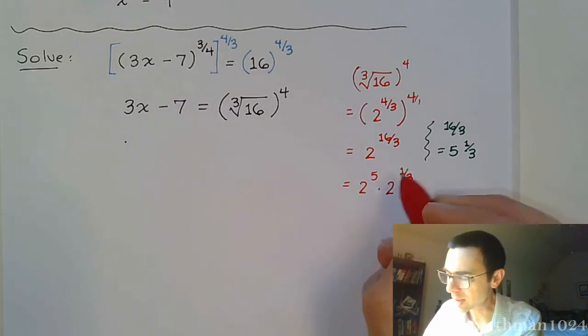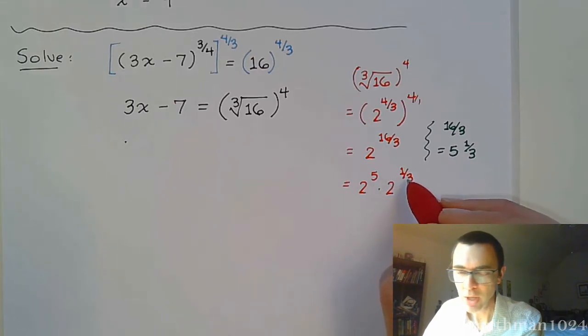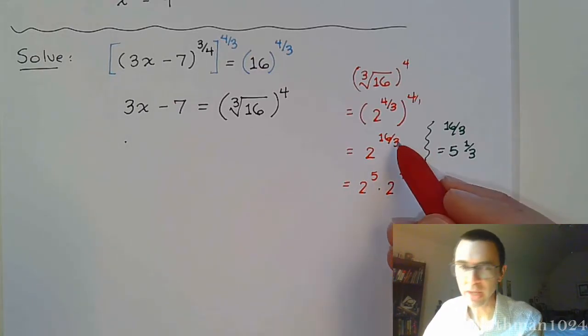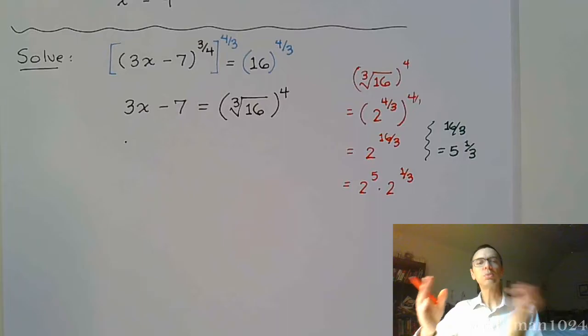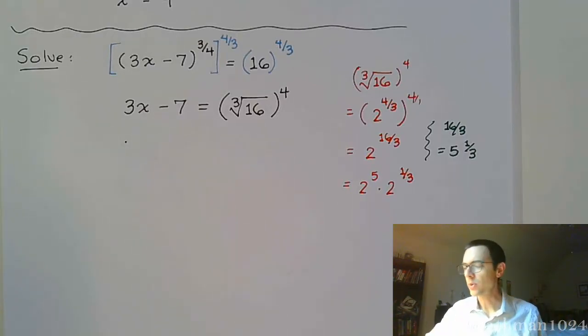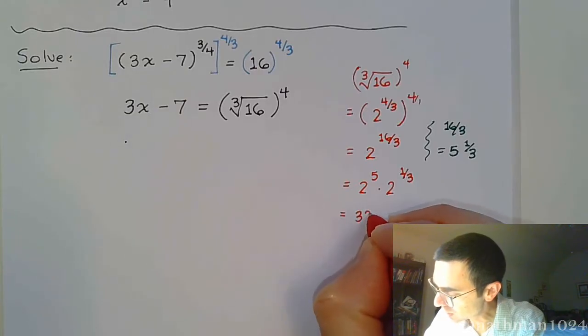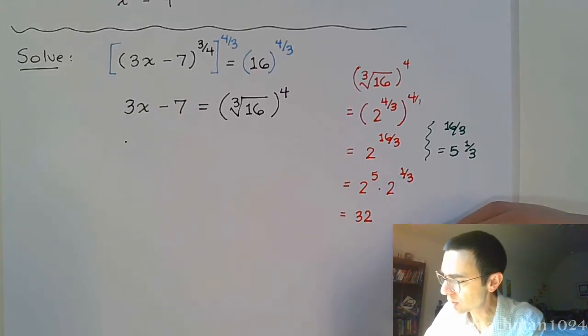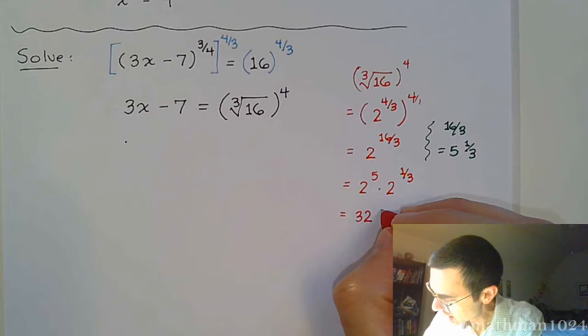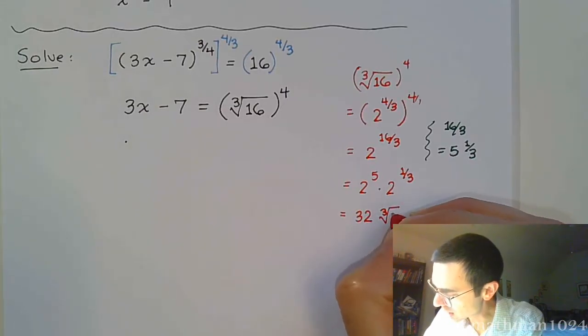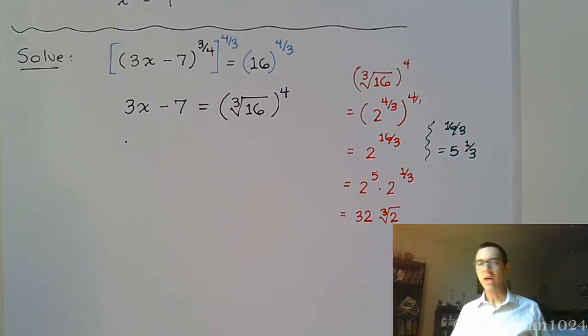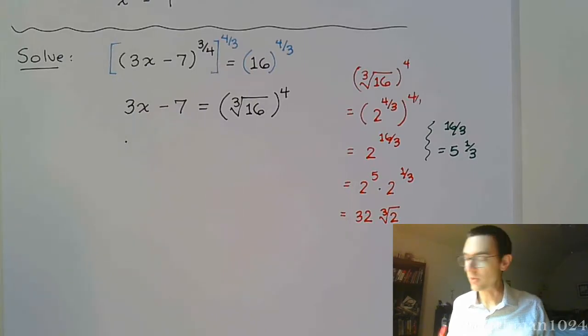When you multiply, you would add the powers. And if you add 5 1/3, you get 16/3. So I'm just kind of splitting this up so that we can work with this a little bit better. 2 to the 5th, if you work that out, is going to be 32. And 2 to the 1/3 means the cube root of 2. So that's how all of that guy is going to simplify on the right side.